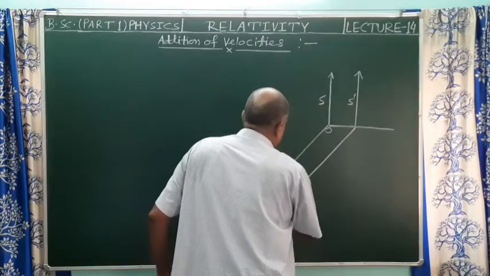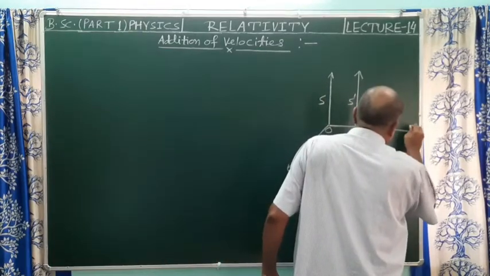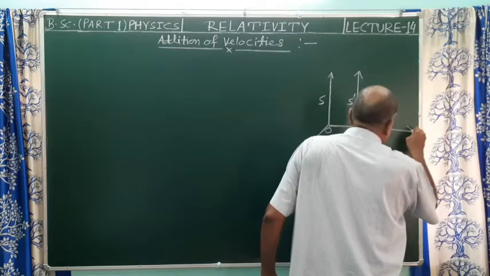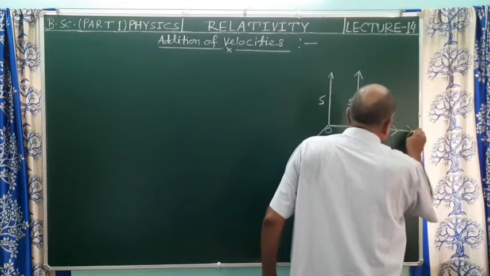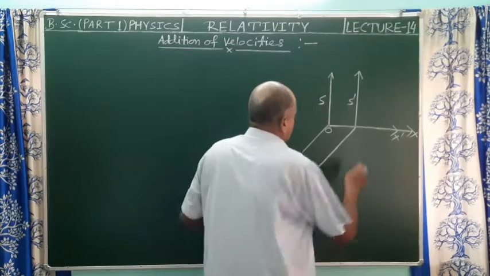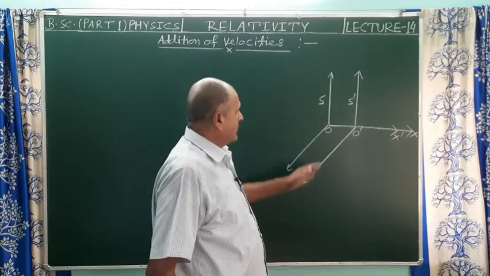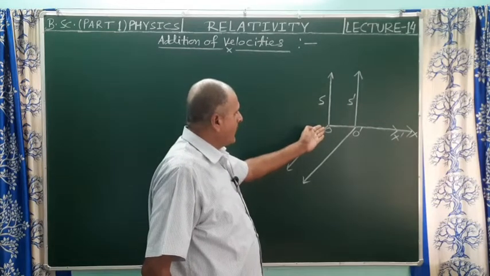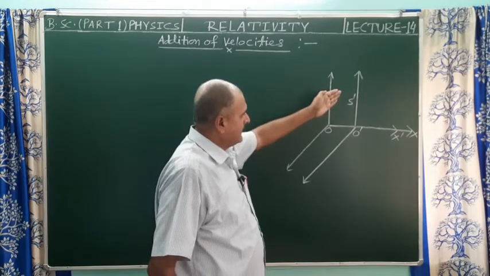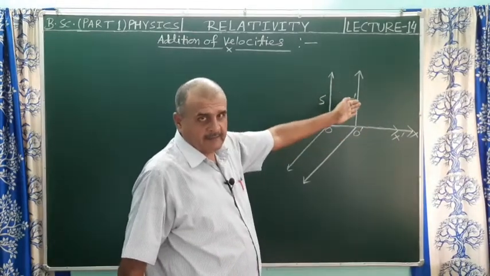So these are two inertial frames S and S dash, whose x-axes X and X dash coincide. Observers are situated at the origin O of frame S and O dash in frame S dash respectively.